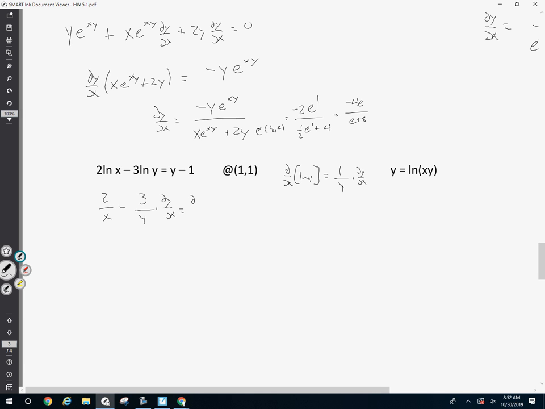This would equal dy dx. Again, it just so happens that it might be easier to move things to the right side. Factor out. Divide to solve.